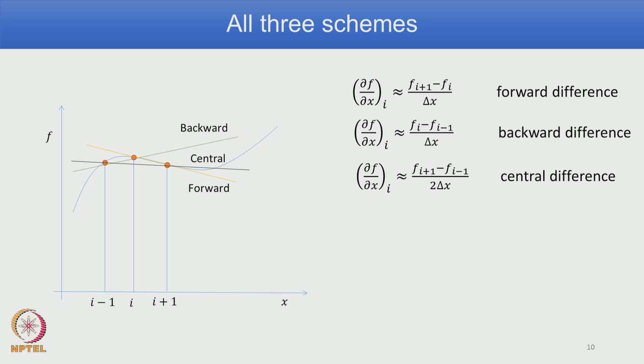And we can also observe as you decrease the delta x, that is the distance between 2 subsequent grid points, in this case I and I plus 1 or I and I minus 1, one can get a slightly error reduced value for the same slope.